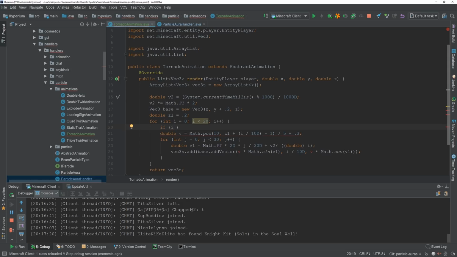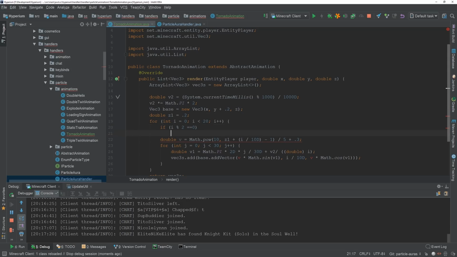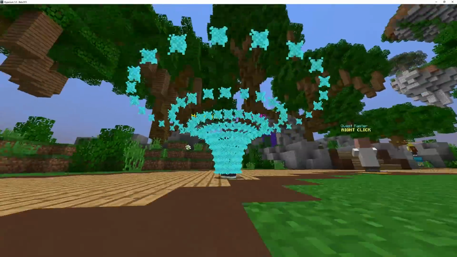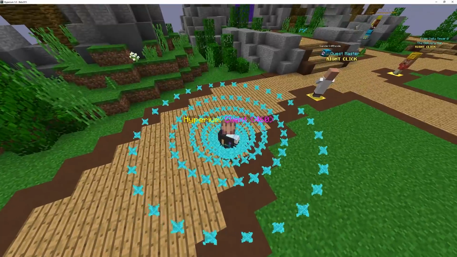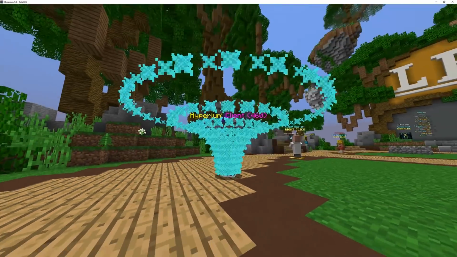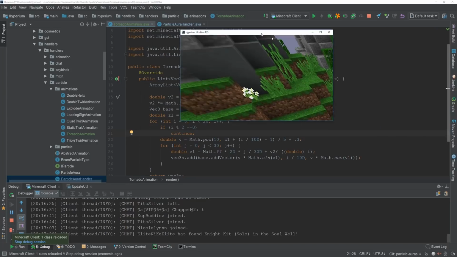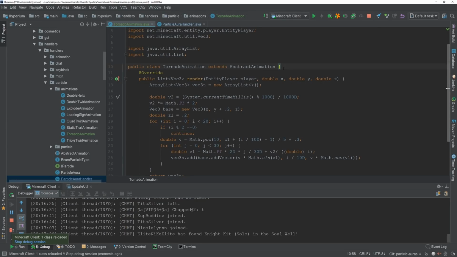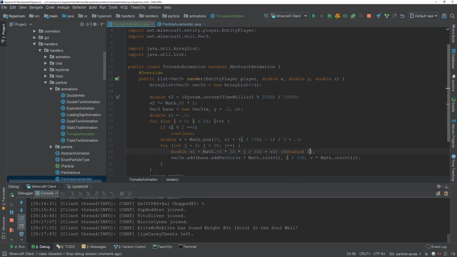I % 2 equals 0, continue. There we go. That'll cut out half of them. But we do need it to be spinning a lot faster towards the center. So you could do 20 minus I squared. Sure, we'll try 20 minus I's value.